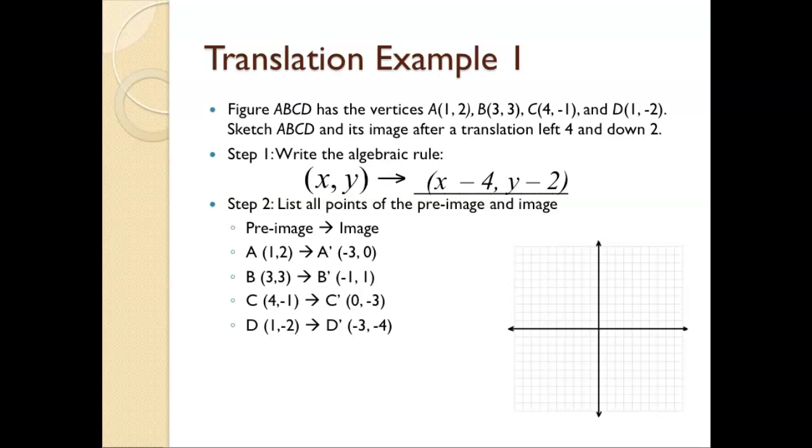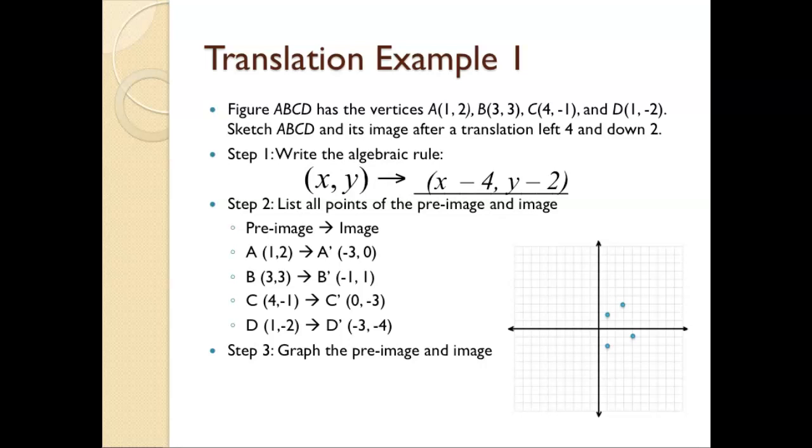And then the last step is to graph the pre-image and the image. Because it said to sketch ABCD, which is the original, and its image, which means after the transformation, let's go ahead and graph ABCD. That's 1, 2, 3, 3, 4, negative 1, and 1, negative 2.